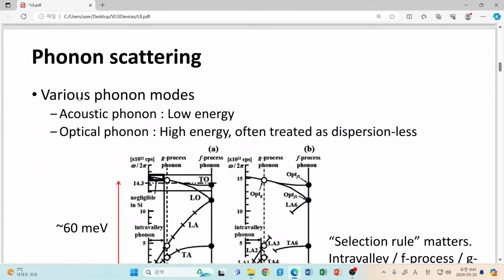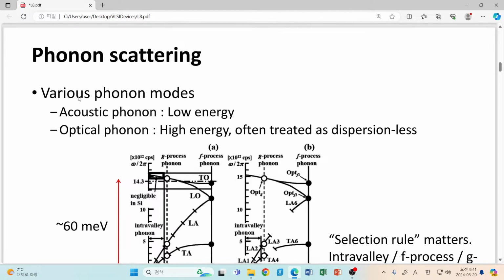Then please let's have a look at this one. What is the actual physical mechanism underneath this scattering? The most important, or the first one we have to study in this class, is the phonon. Phonon is nothing but the thermal vibration of our crystal lattice. We are now assuming that there exist perfectly placed silicon atoms, and their positions are exactly periodic.